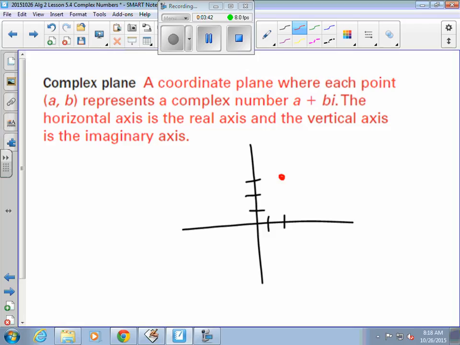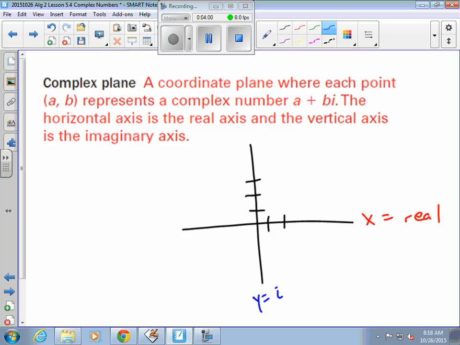With a complex plane, this x value, this is the real one. This is the real number. And this one here, this y axis, that's the imaginary number.